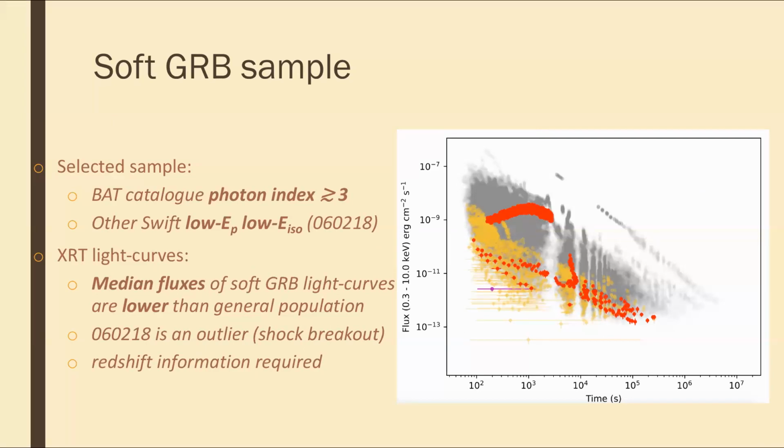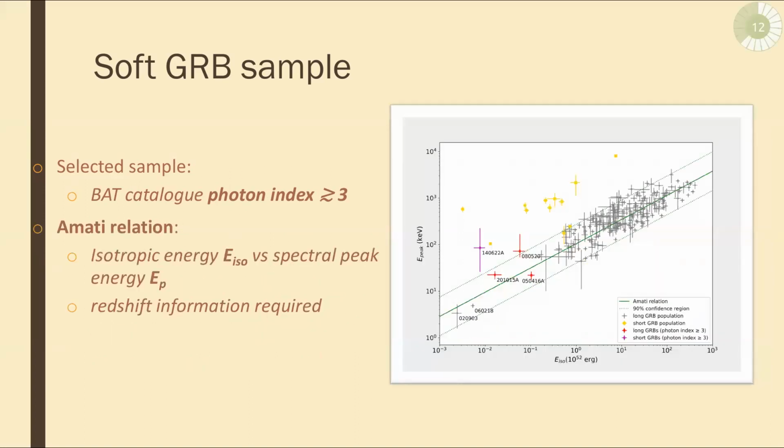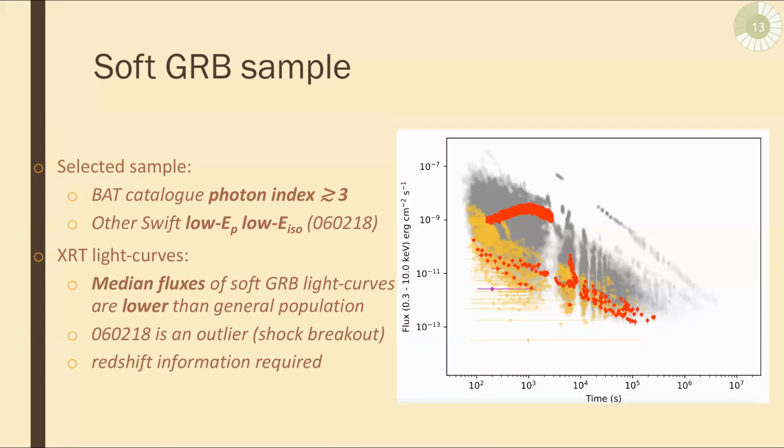So the softness of the gamma-ray burst can determine how bright the X-ray afterglow luminosity is. This one that's an outlier is from the shock breakout. So we think that gives more energy in the X-rays than in the gamma rays. As you can see here, it's very low in gamma rays, but higher than the other population in X-rays.